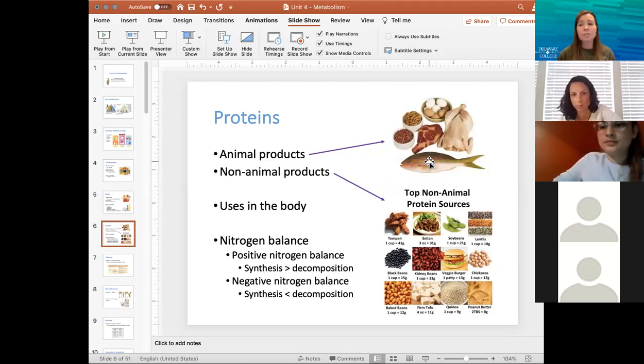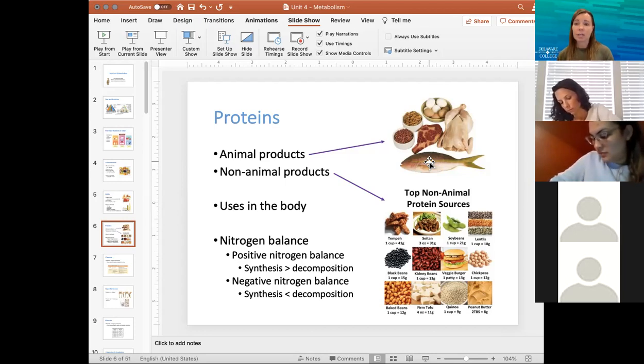All right, so as far as uses in the body, proteins have a lot of really important functions in the body. I've not even listed all of them because it would take a while, but I listed some of the major ones. First of all, they provide some of the main structural materials in the body. Have you heard of collagen?